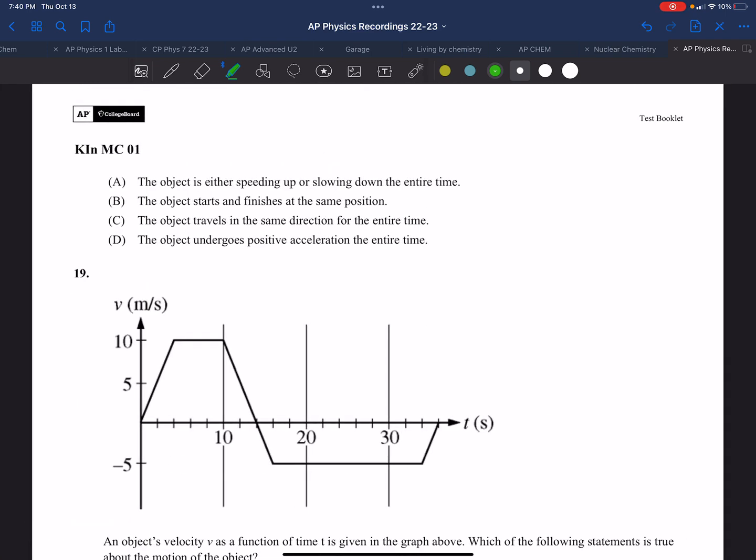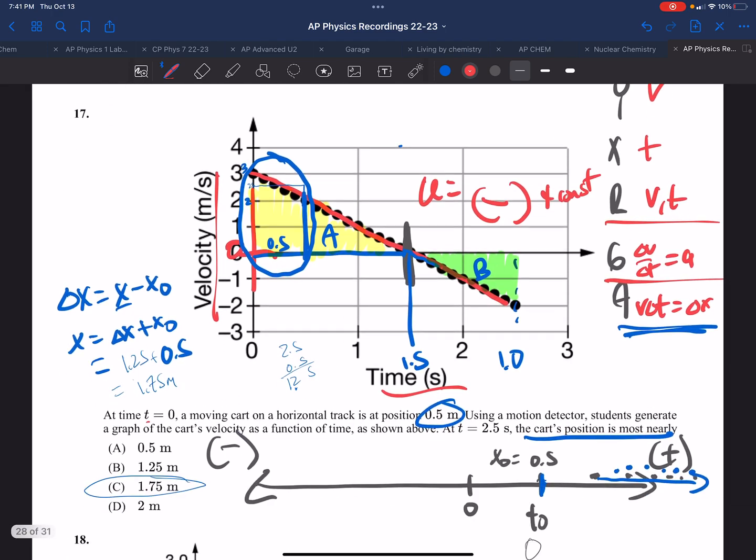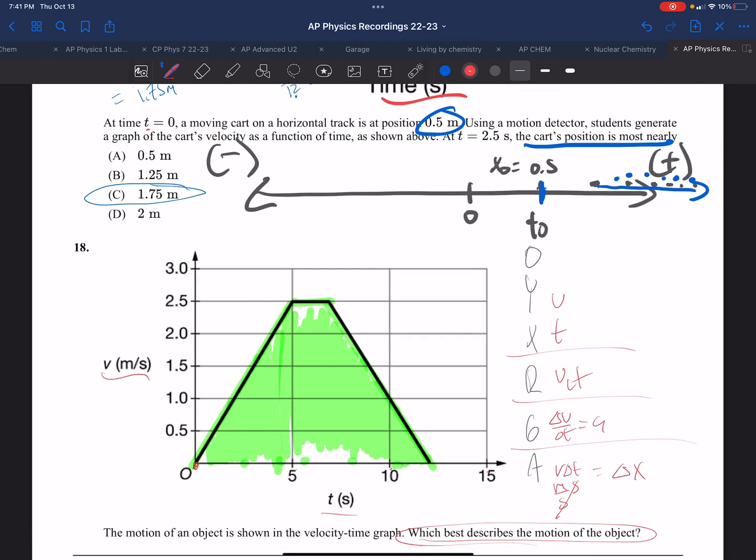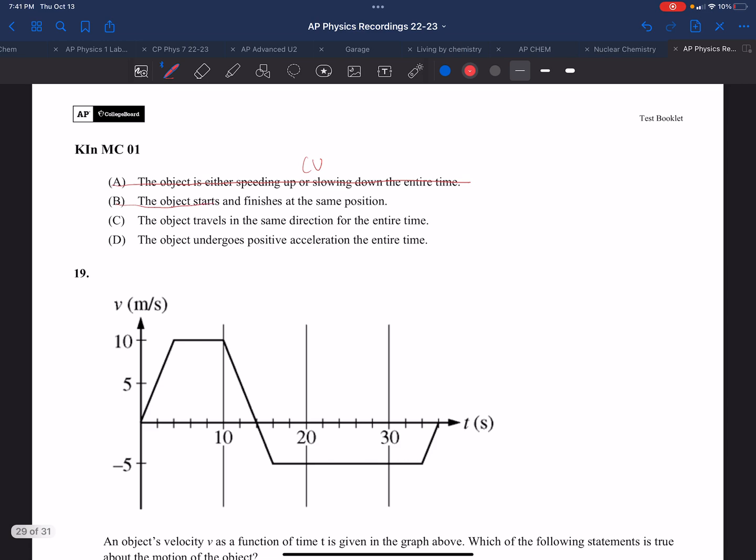Is it either speeding up or slowing down the entire time? Well, it's actually not true. It was at constant velocity some of the time. So that's out. The object starts and finishes at the same position. Well, if we're at the same position, the positive and the negative areas would balance out, but it's all positive area. It doesn't start and end at the same position. Same direction for the entire time.